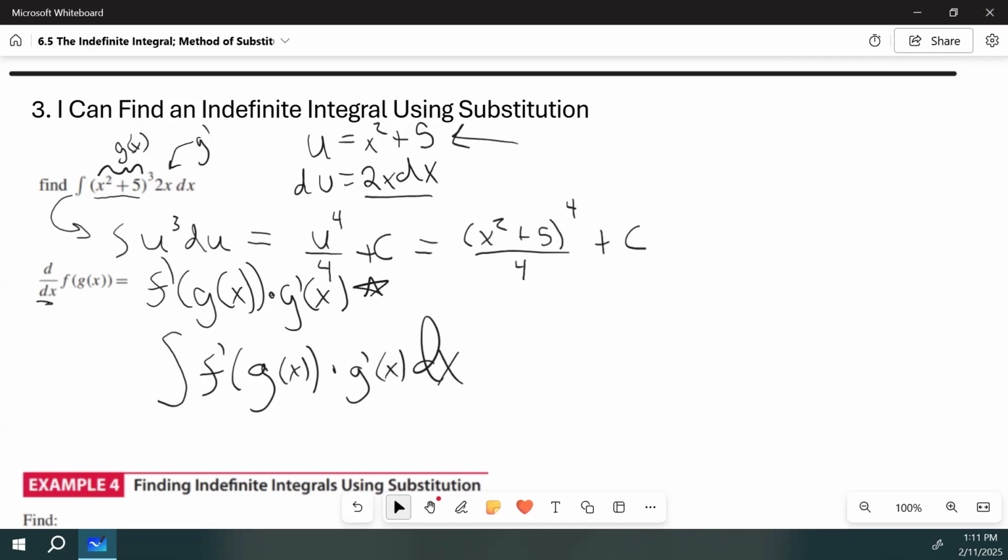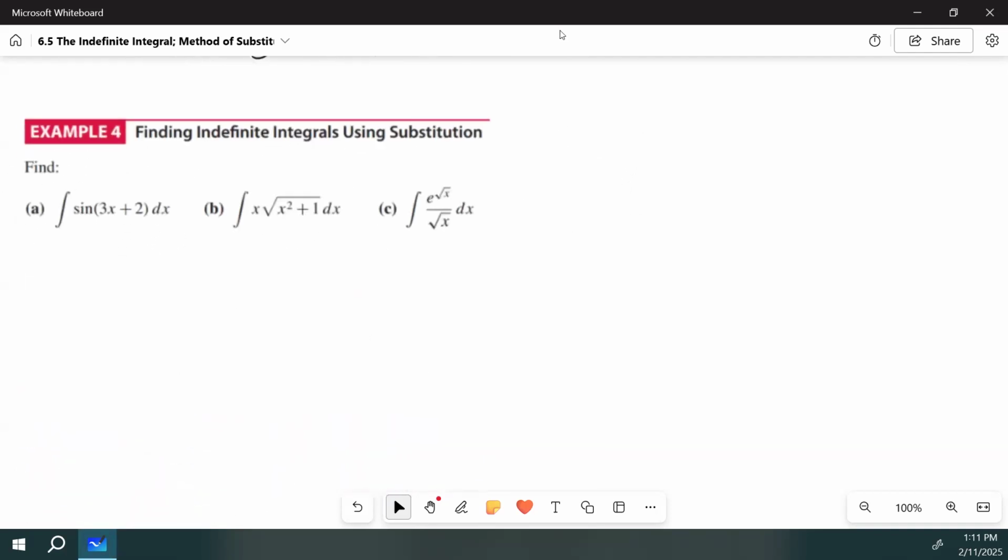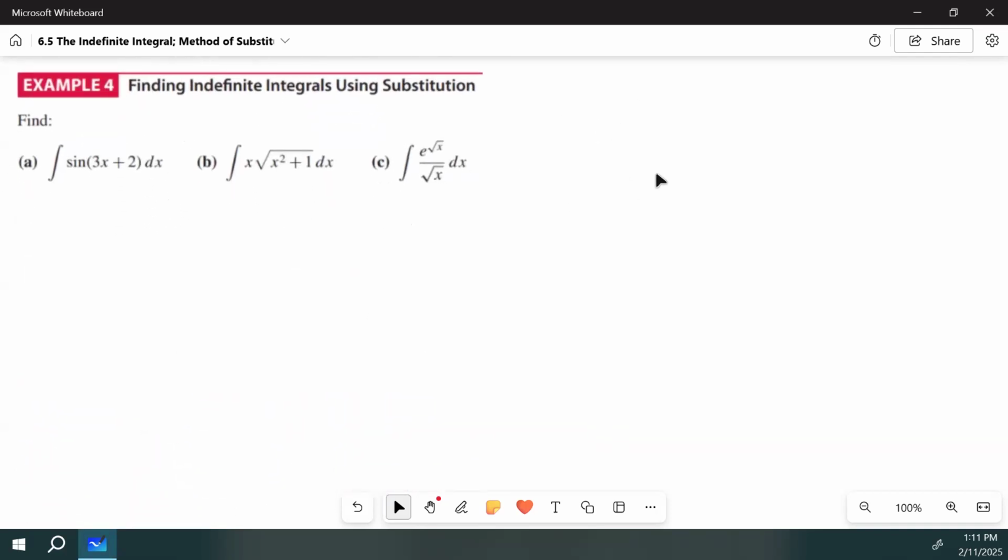So let's go ahead and check out some examples here. We want to find the indefinite integrals using u-substitution. In the first one, a, since the function is sine of 3x plus 2, that's a composite function. We know the antiderivative of sine x, so we're going to let u equal the inside stuff there.